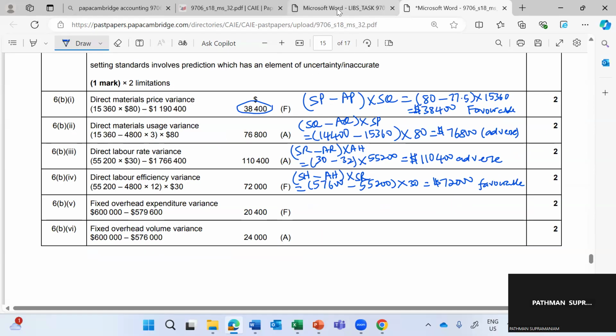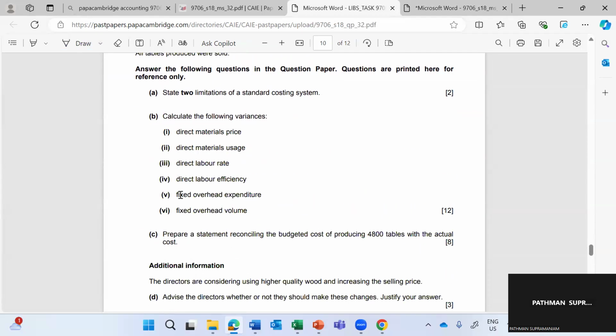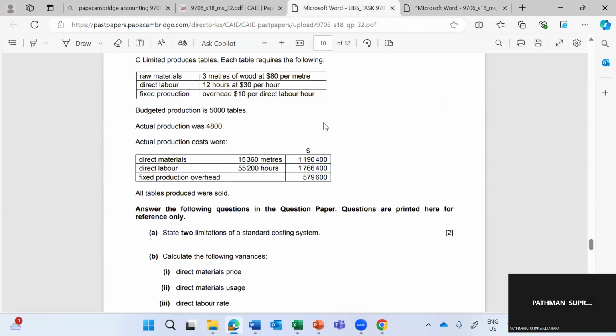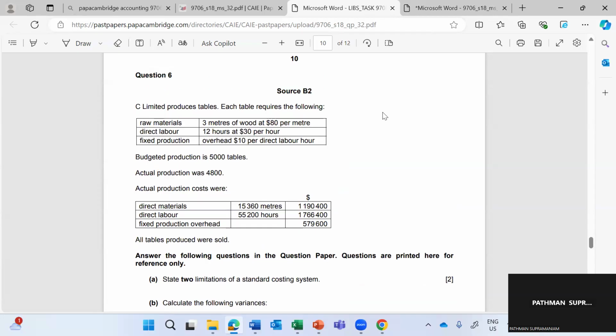Okay, then we need to calculate the fixed overhead expenditure variance. So this is where the answer is the budgeted fixed overheads minus actual fixed overhead. The budgeted fixed overheads is 600,000. The fixed overhead rate is $10 per labor hour, and 1 unit requires 12 hours.